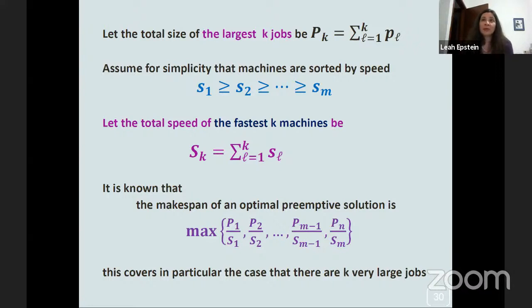So it is convenient to have at least a formula for one of the models, and for the non-preemptive case, we will not have a formula because that is an NP-hard problem. So we will have to do something else, maybe once again analyze an algorithm.